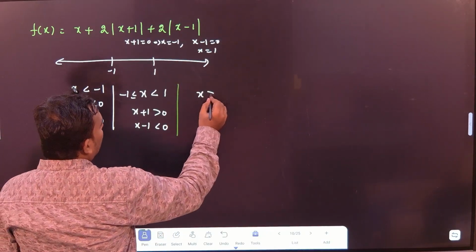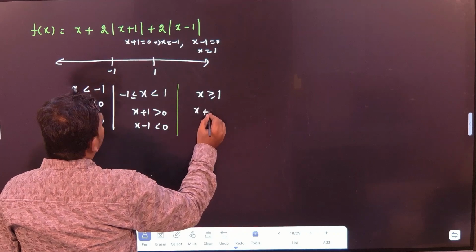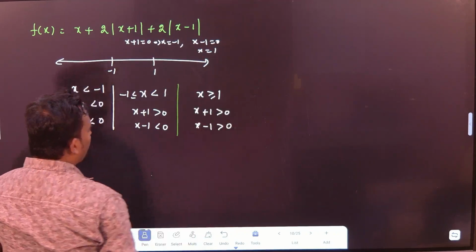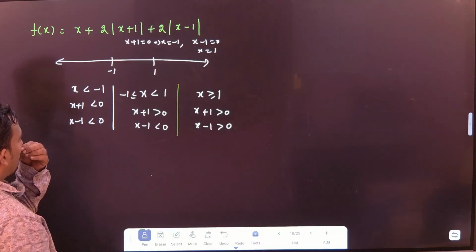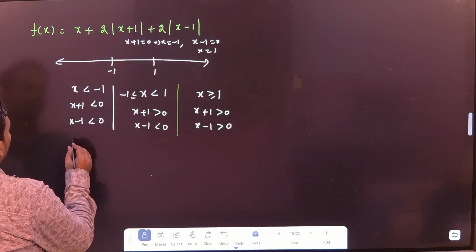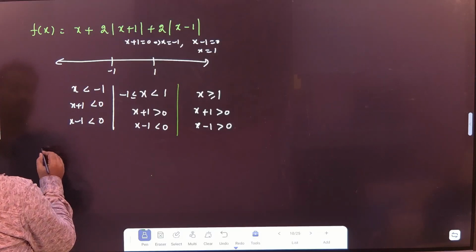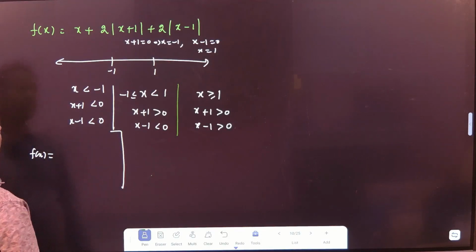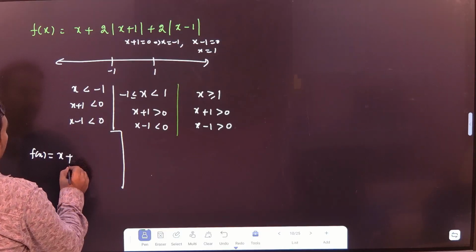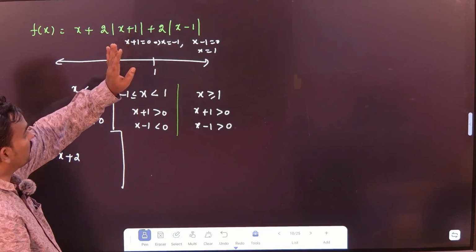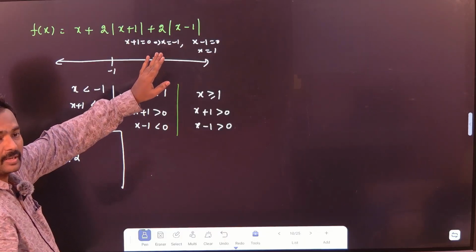When x is greater than or equal to 1, x plus 1 will be greater than 0, x minus 1 also greater than 0, right? Now, you have to redefine the function, right? So, in this interval, how to write f of x? In this interval, x plus 2 times x plus 1 is negative, x minus 1 also negative.